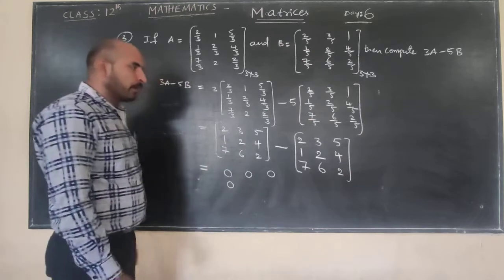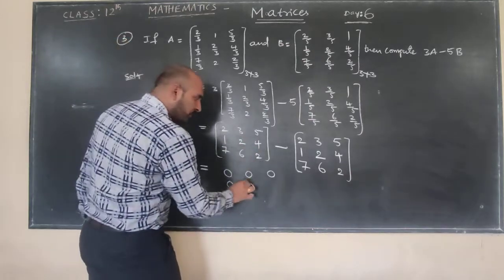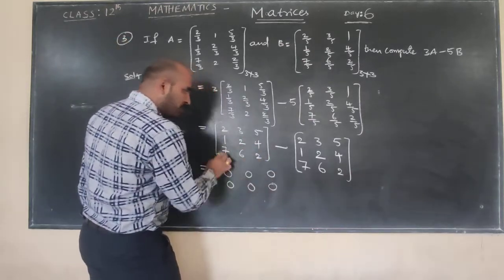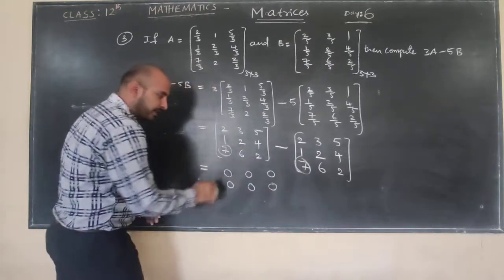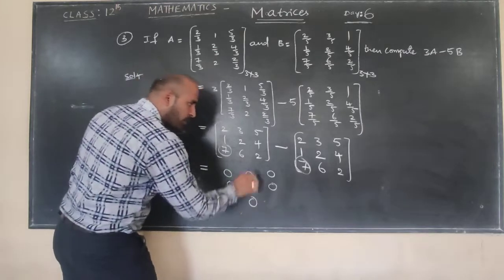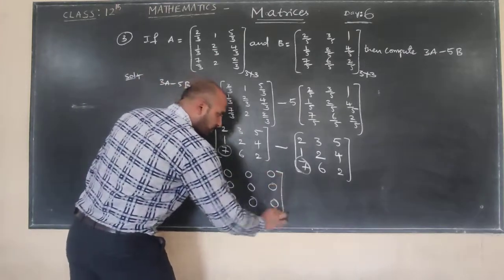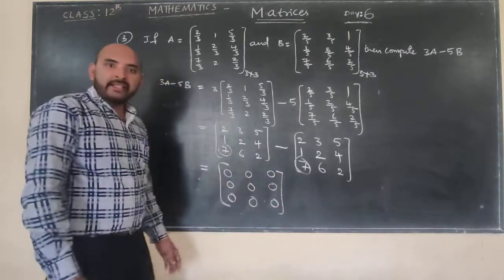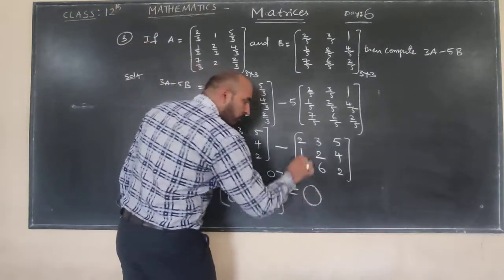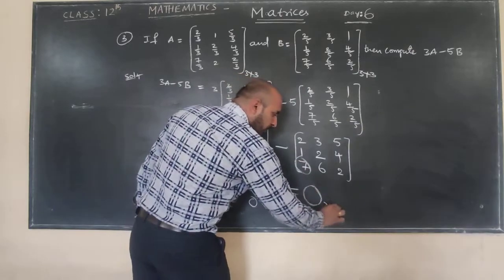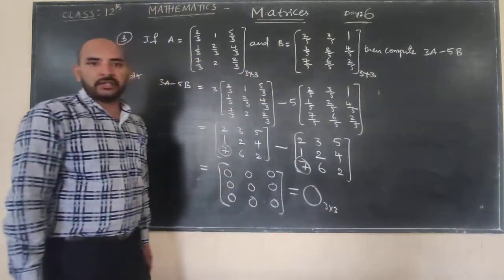Next, 2 minus 2, 0. 4 minus 4, 0. 7 minus 7, 0. Corresponding positions must be subtracted. 6 minus 6, 0. 2 minus 2, 0. Which is the null matrix or zero matrix, which is denoted by O, which is of order 3 cross 3. Null matrix or zero matrix.